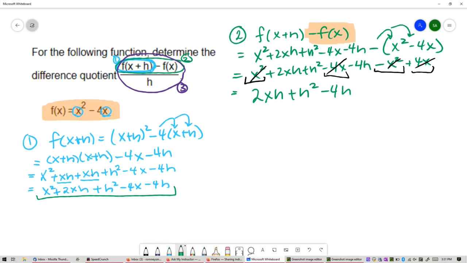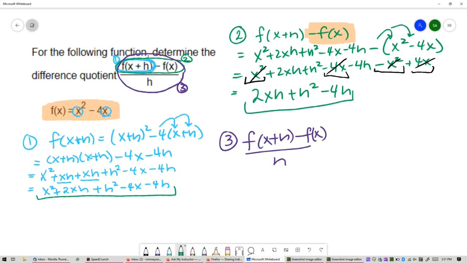So then finally, I'm going to do the whole difference quotient, which is f of x plus h minus f of x over h. So we just calculated that whole numerator. I'm going to copy it down into the numerator, 2xh plus h squared minus 4h over h.